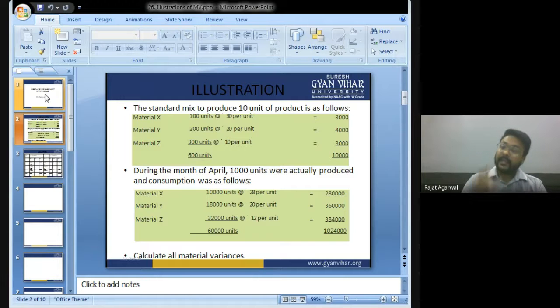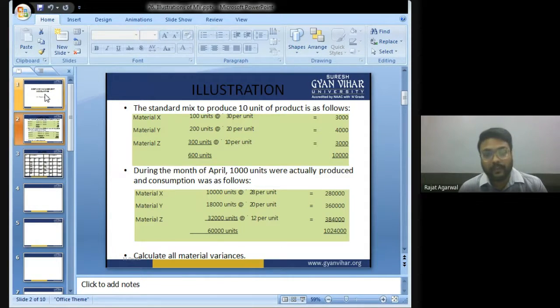To produce 10 units of finished product, you require three types of material: material X, material Y, and material Z. Material X is required 100 units, material Y 200 units, and material Z 300 units.